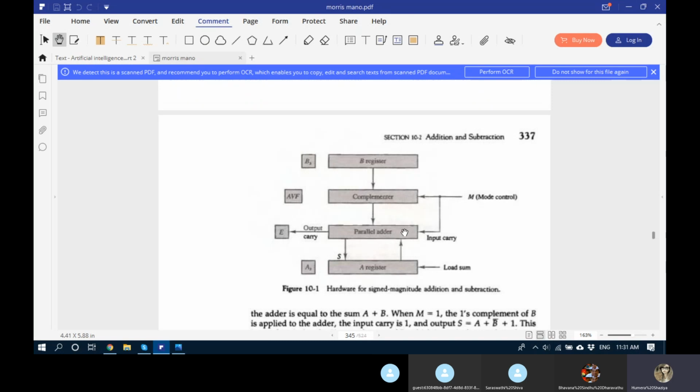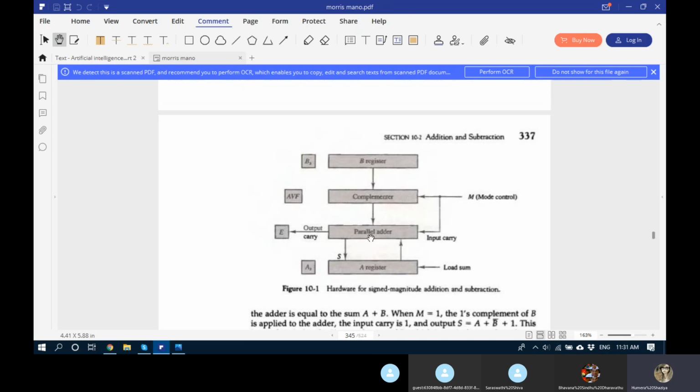If mode is 1, it performs subtraction. That one circuit we have constructed, if you recall. Likewise here also this part is like our circuit which performs the actual addition or subtraction operation.